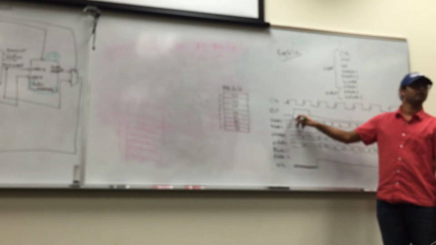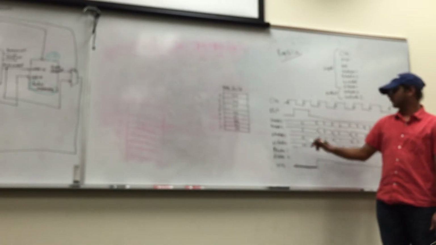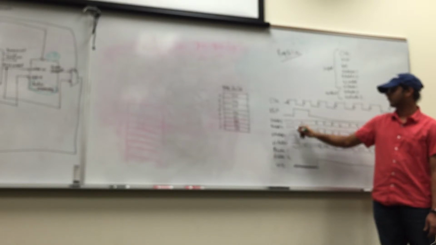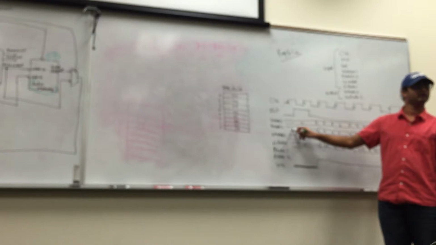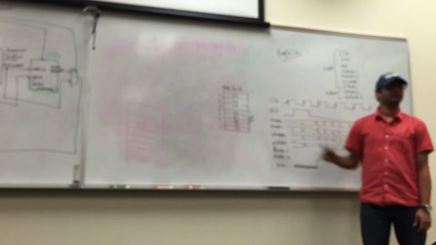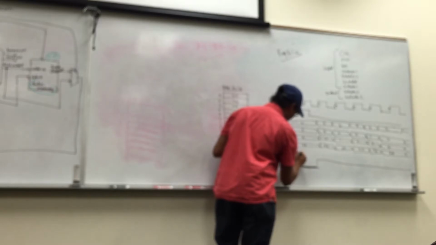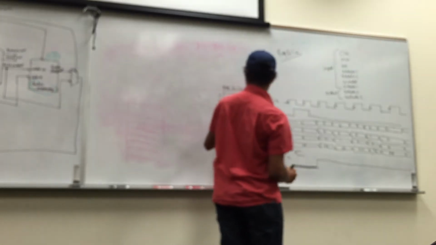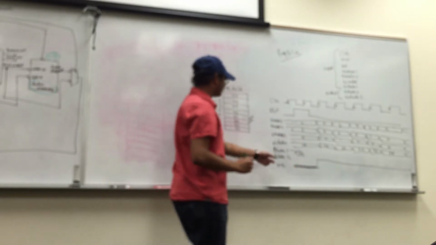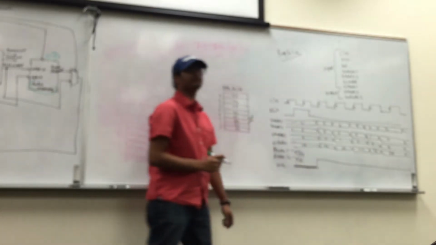Reset is 0, correct? So when reset is 0 and write enable is 0, it's a read operation. So my read data 1 and read data 2 should be the data of read address 1 and read address 2. The value of 2 is 44, the value of 3 is 31. So my read data 1 changes to 44, and my read data 2 changes to 31. Does that make sense?